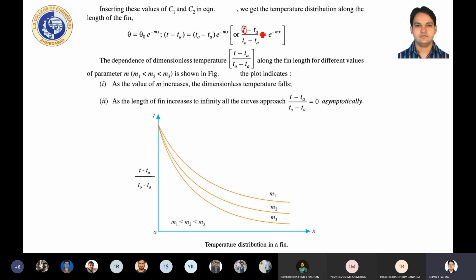Sometimes we take infinity also, it depends on the nomenclature the author is following. T_O is the base temperature, and it is equal to e raised to minus mx, that we have discussed, and when your m changes, how your graph changes we discussed.